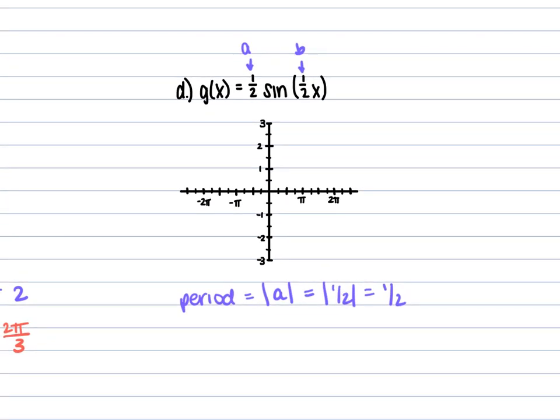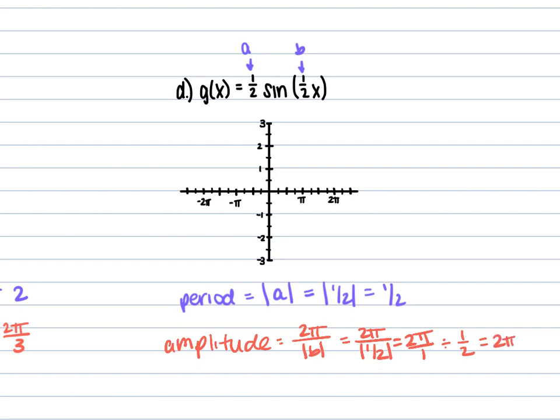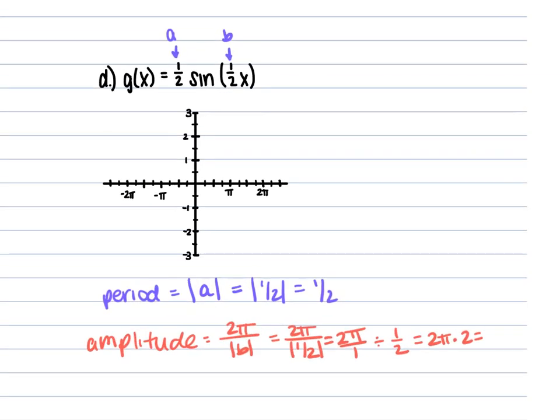Our amplitude, we're going to find by using 2 pi over the absolute value of B. So that's 2 pi over the absolute value of 1/2. So it's 2 pi over 1 divided by 1/2, which is just 2 pi times 2, which is 4 pi.